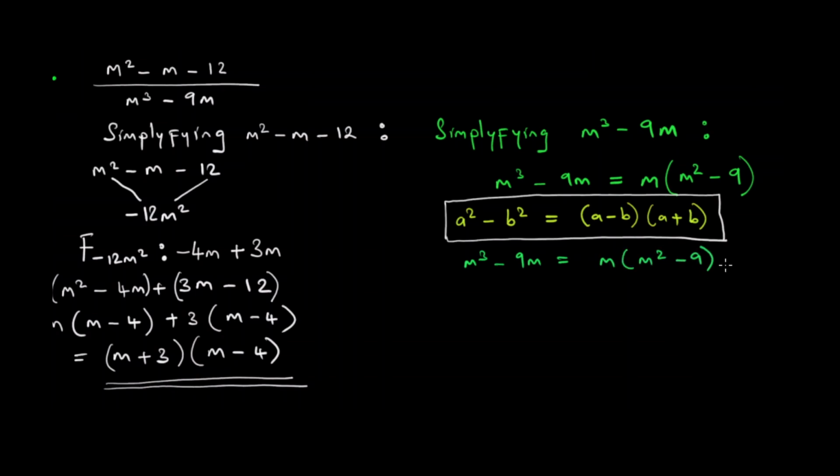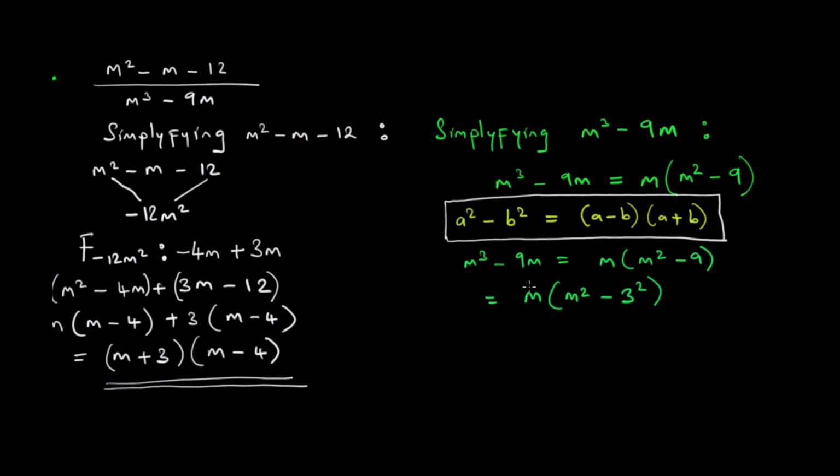Saka 9 is what is called a perfect square. A perfect square because we have a number which if we multiply that number by itself we get 9. Kureva kuti 3 times 3 is equal to 9. That makes 9 a perfect square. Saka panapa tinogona kunyora m squared minus 3 squared.